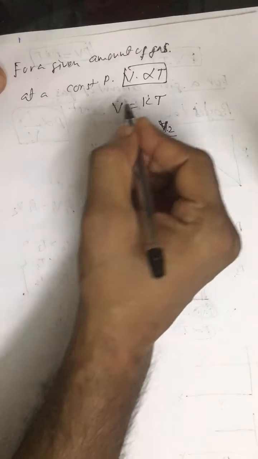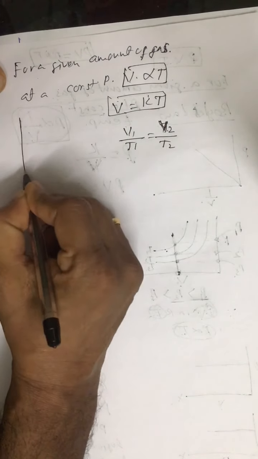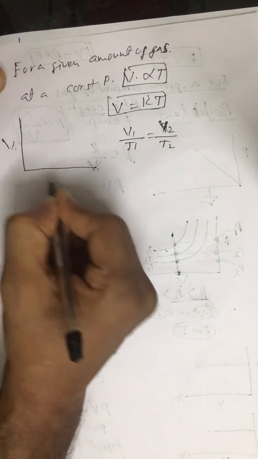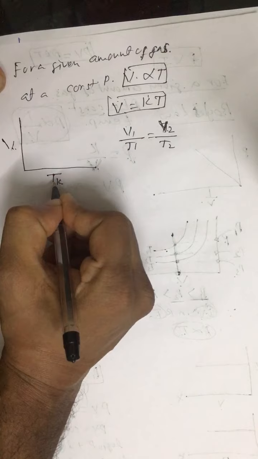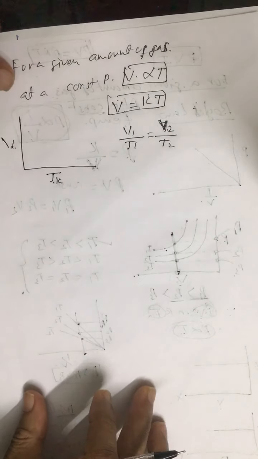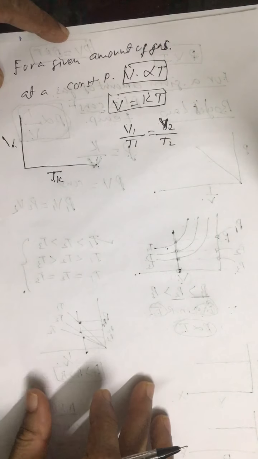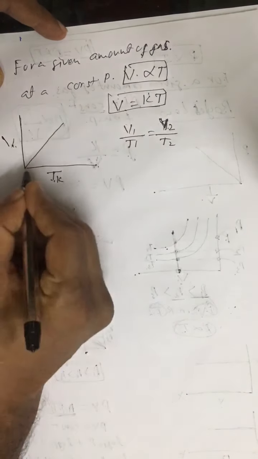From V is equal to K into T, if you draw a graph between V and T in Kelvin, you should be very careful. This temperature is in Kelvin. You get this kind of graph without intercept.